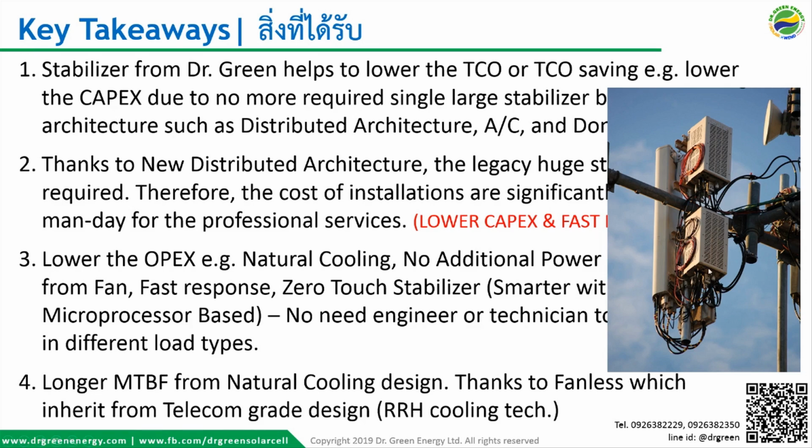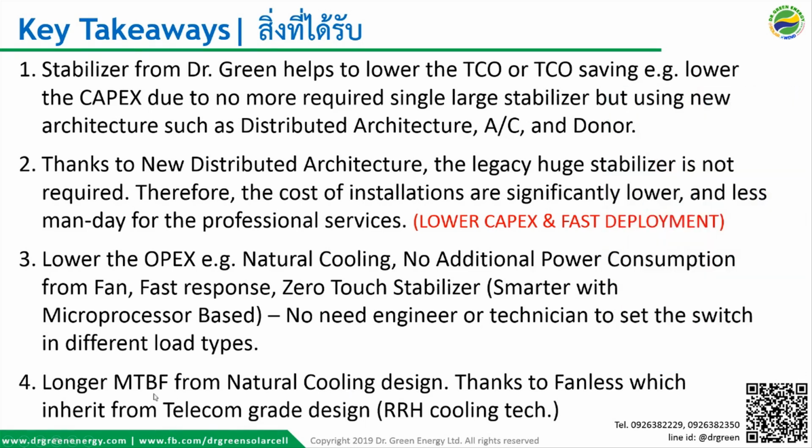So we cannot risk having a fan inside. So from this design, we remove the weakness of the system, which is the cooling fan. Alright, so it helps our stabilizer to work longer, to have a longer mean time between failure. So you can use it longer.